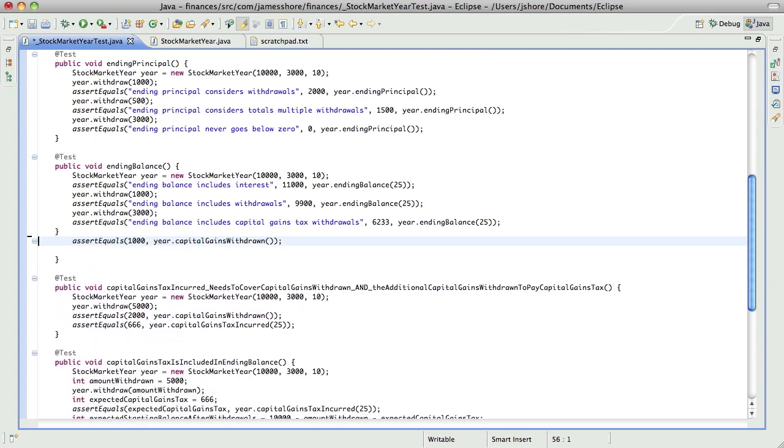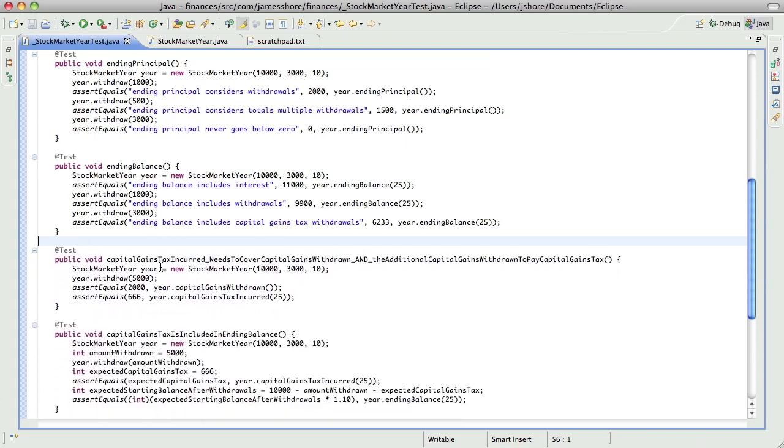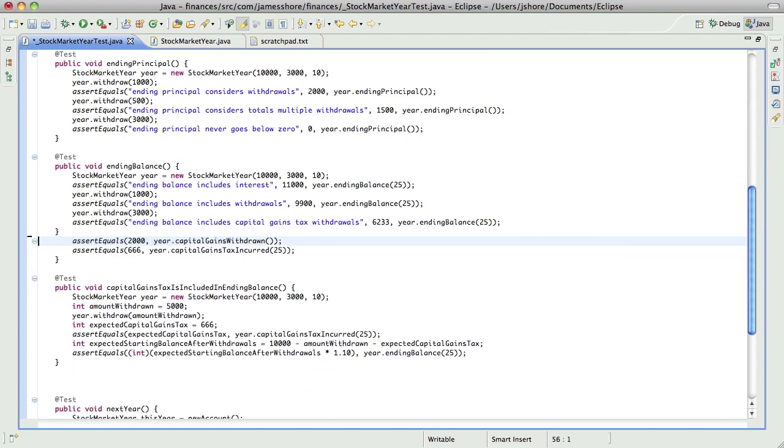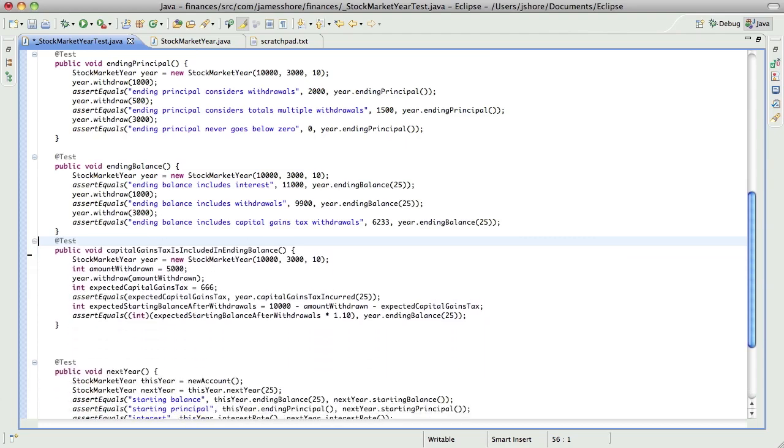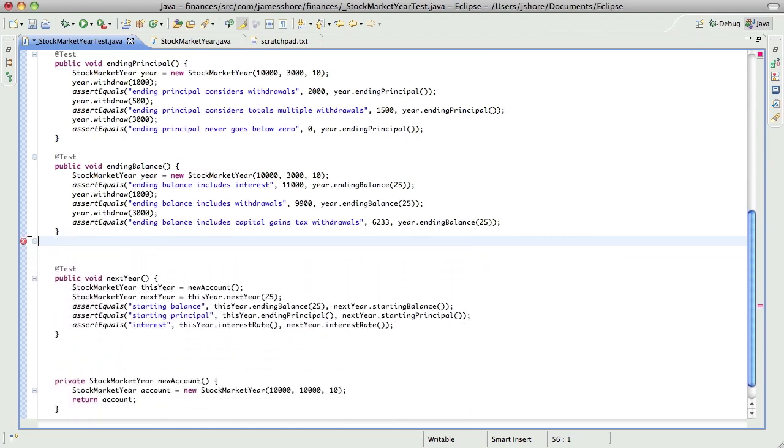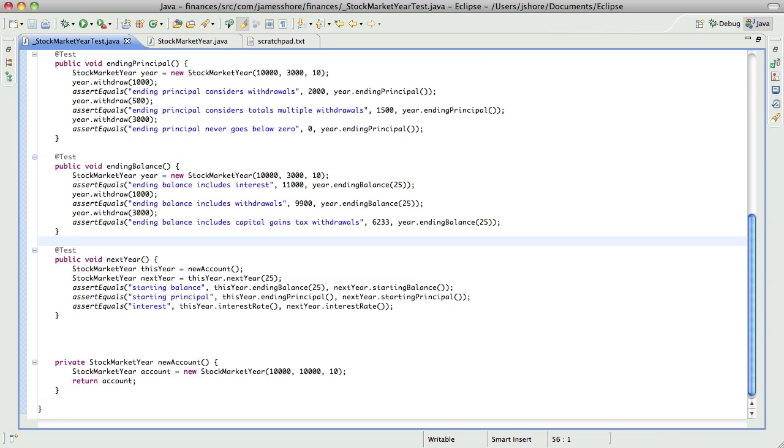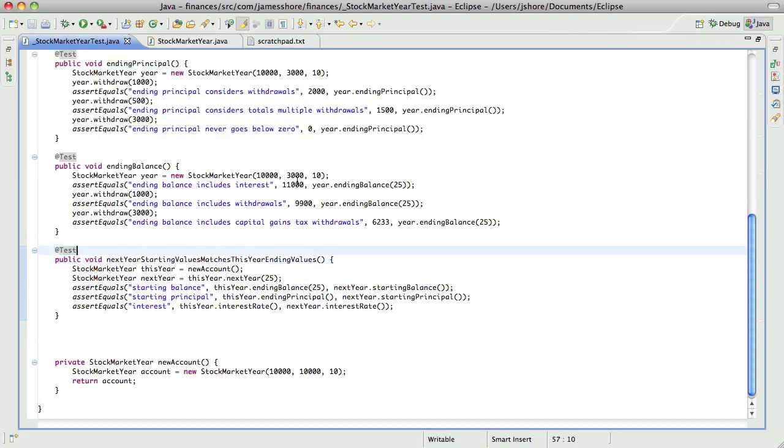We're covering that. Capital gains, yes, we're doing that one. Capital gains taxes including ending balance, yes. There we go. And this I'm going to make a little more explicit. Next year matches this year's ending values. This year's starting values match last year's ending values.